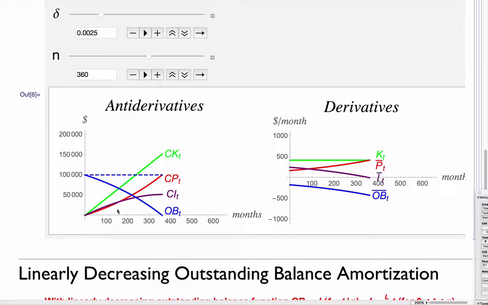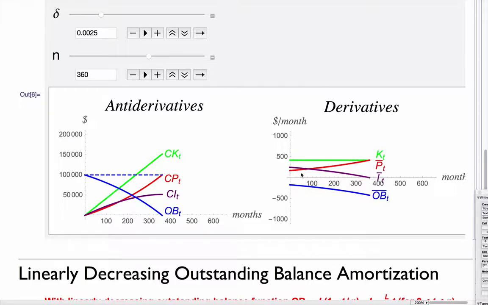And then this purplish, dark purple kind of graph, CIT, that's the cumulative interest paid function. Its derivative I bar t is over here. Notice this is increasing and concave down, so I bar is positive and decreasing. And in fact, the slope at time 360, at time n, is 0, just like I bar of 360 is 0 down there.